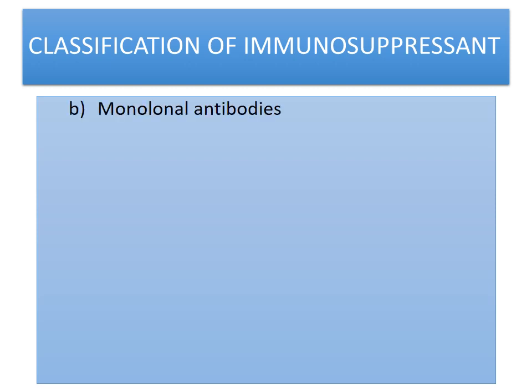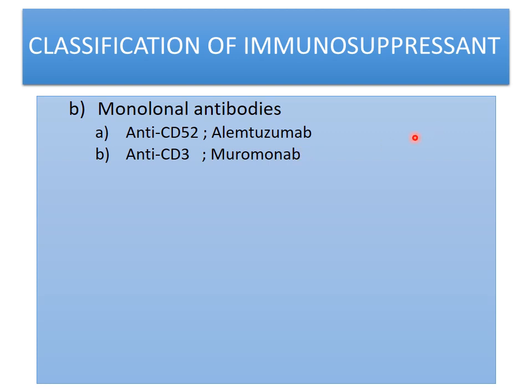Monoclonal antibodies. The number of monoclonal antibodies is increasing day by day. So monoclonal antibodies are vast in number, but we are going to discuss a few important ones. The first one is anti-CD52. The drug is alemtuzumab. Anti-CD3, muromonab.